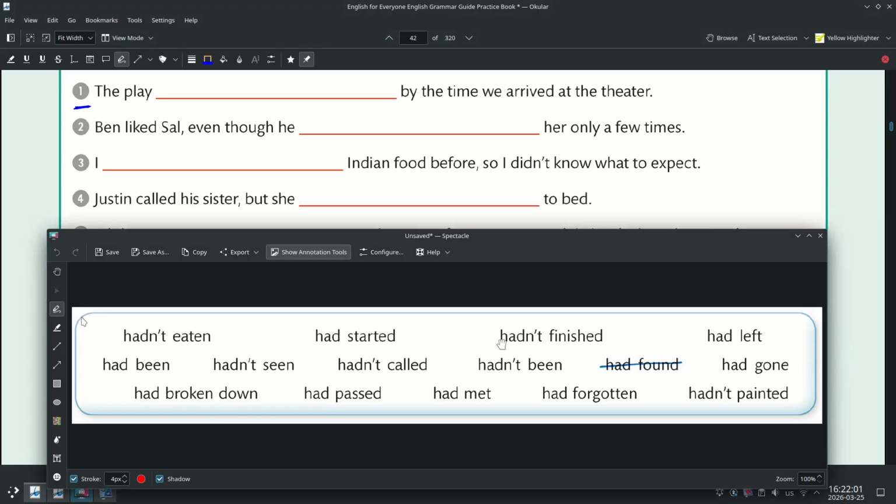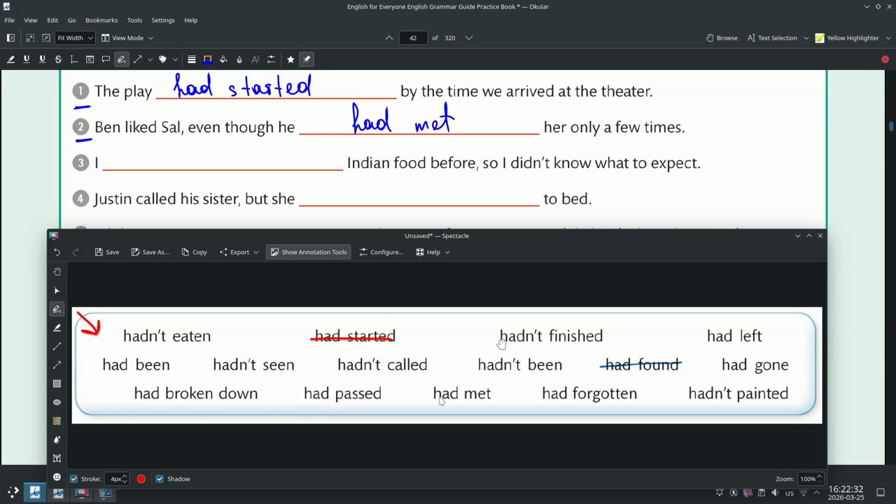So, from this list, what do you need? Had started. Number 2. Ben liked Sal even though he her only a few times. Had met her.